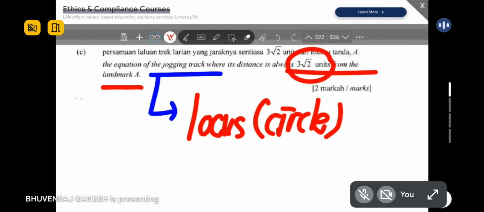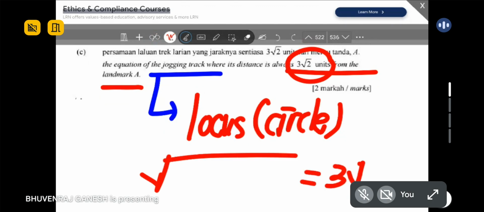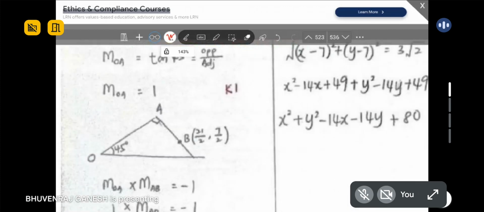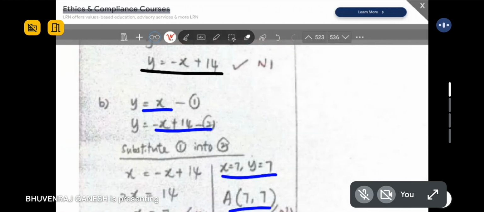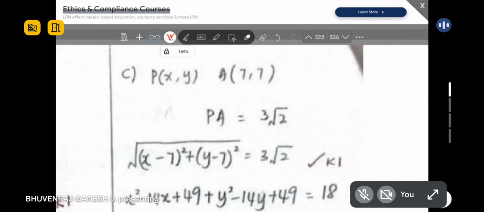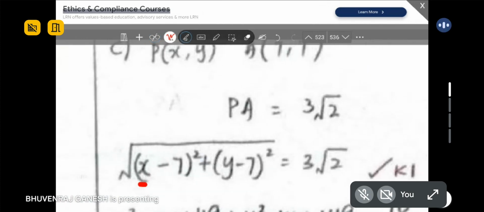Okay? So means that you can use the distance formula equal to 3 2. Okay, that is your distance. So point A you already have, right? The coordinate. So point A just now you guys found is 7, 7. Okay, so you can just apply your distance formula here. If you guys still remember, x2 minus x1 square plus y2 minus y1 square.